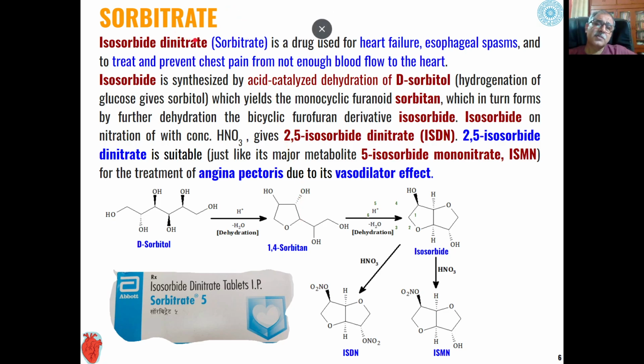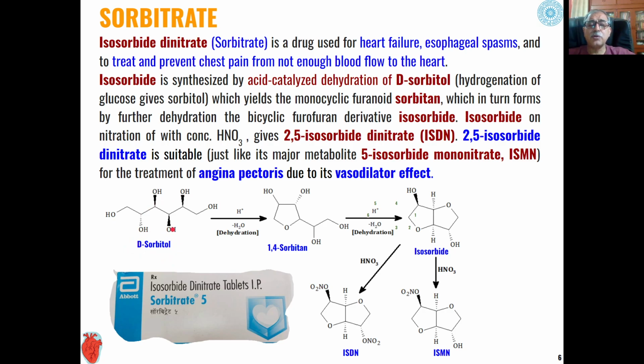Then the next drug in this category is sorbitrate, which is very commonly used for heart failure, esophageal spasms, and to treat and prevent chest pain from not enough blood flow to the heart. So this sorbitrate, which is isosorbide dinitrate, can be prepared starting from the polyhydroxyl compound D-sorbitol.